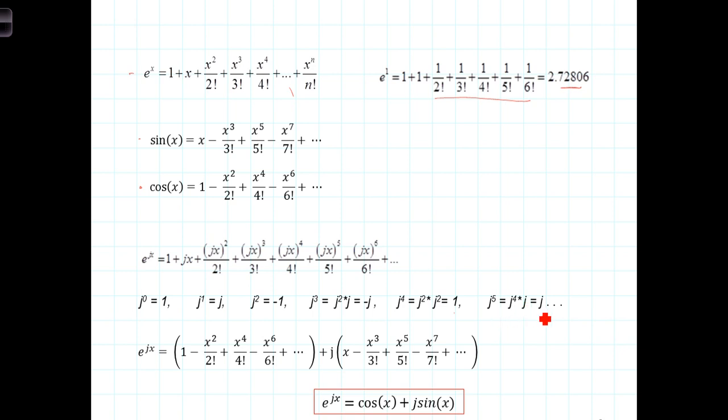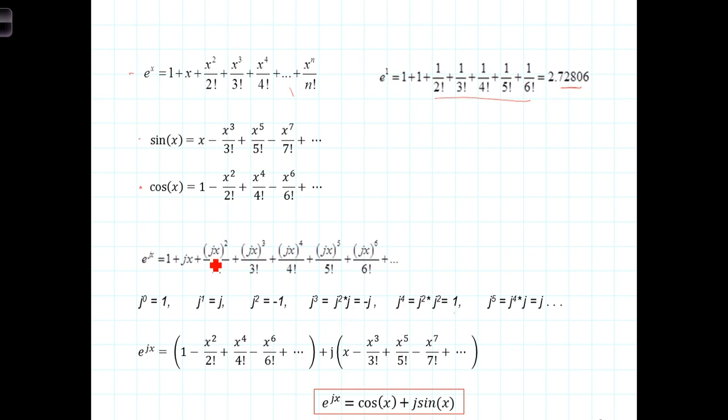Or j to the fifth is just j and gets us back to where we started. In other words, j to the nth power is periodic, and it repeats every 4 terms. So, looking at this, we have plus 1, plus j, minus 1, minus j, plus 1, plus j, minus 1, minus j.